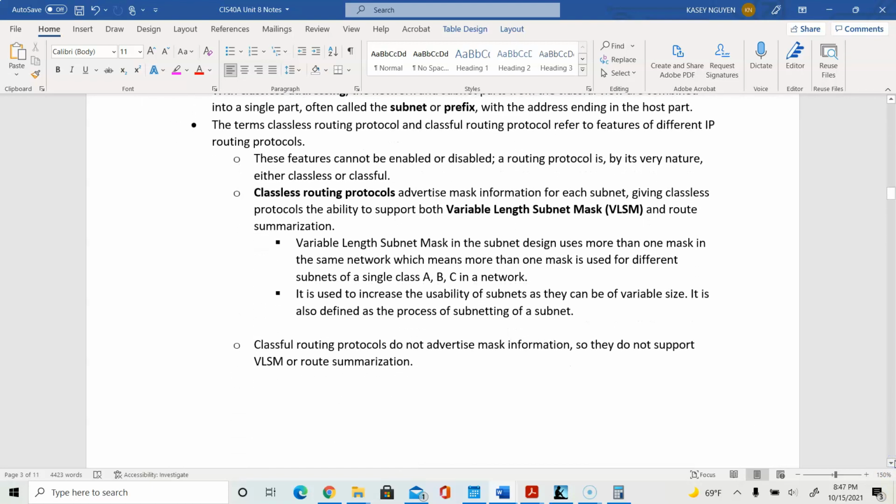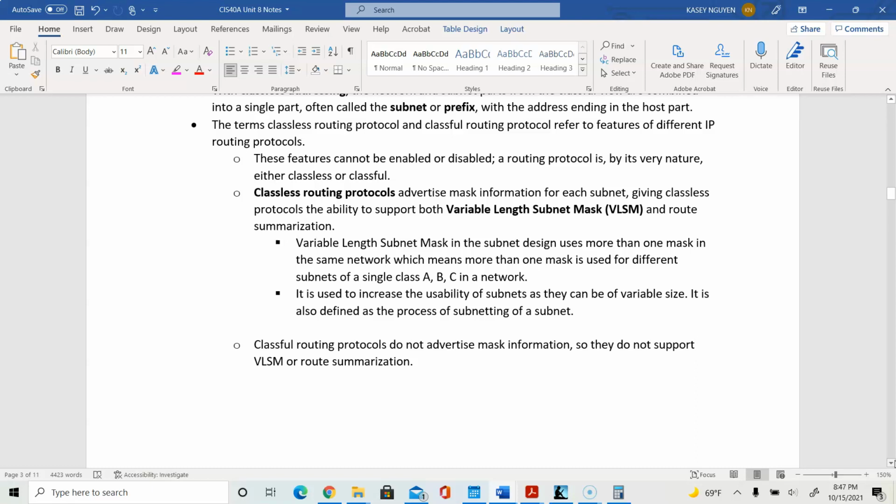And in classless routing protocols, we would see that the routers would use a classless routing protocol to advertise the mask information to each of the subnets. And it's going to use what's called VLSM and route summarization to be able to identify the network that has the appropriate subnet.